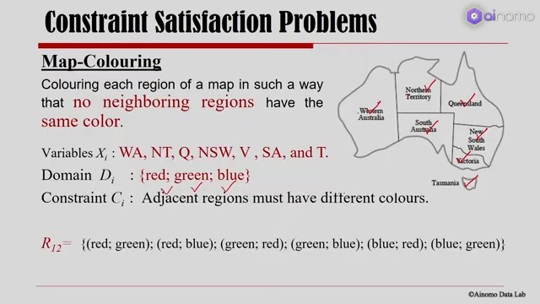So if you look at the first 2, let us say this is 1 and this is 2, the possibilities could be red green, red blue, green red, green blue, blue red or blue green.